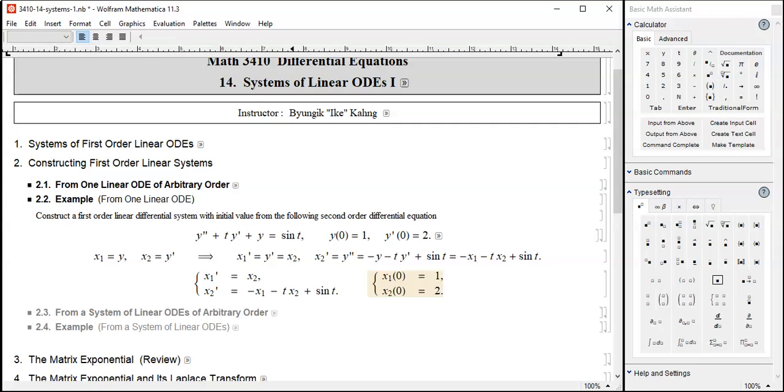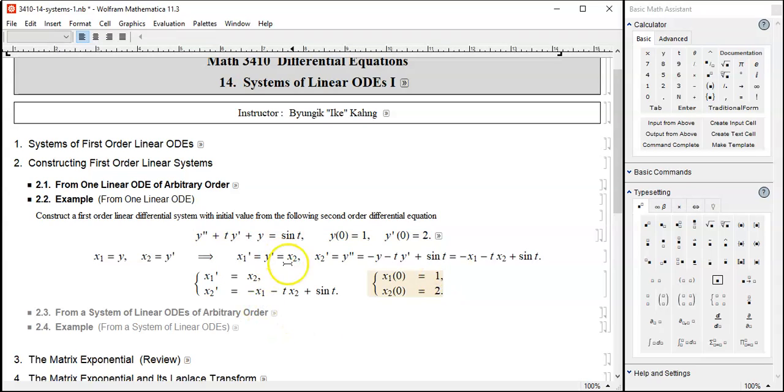All right, is it complete? That wasn't too bad, was it? The initial condition, that's always easy. y is x1, as we defined here in substitution, and y prime is x2. So here, we have first line, second line, that's always easy.